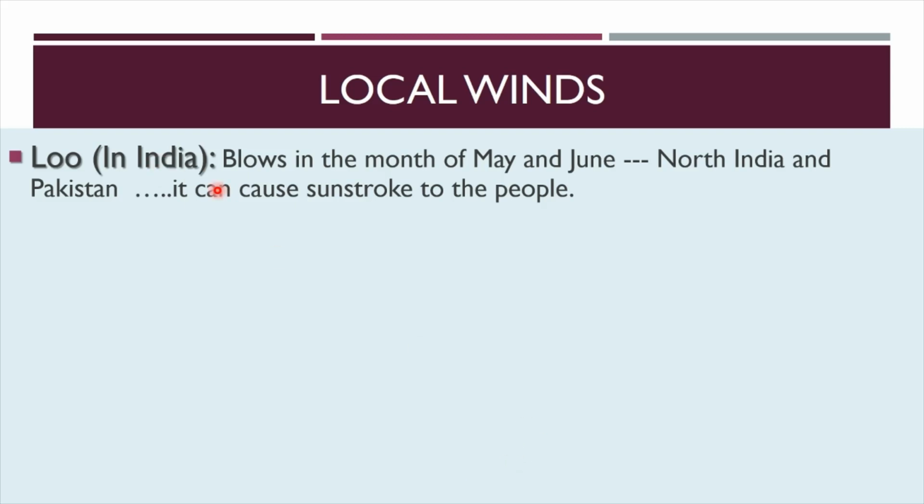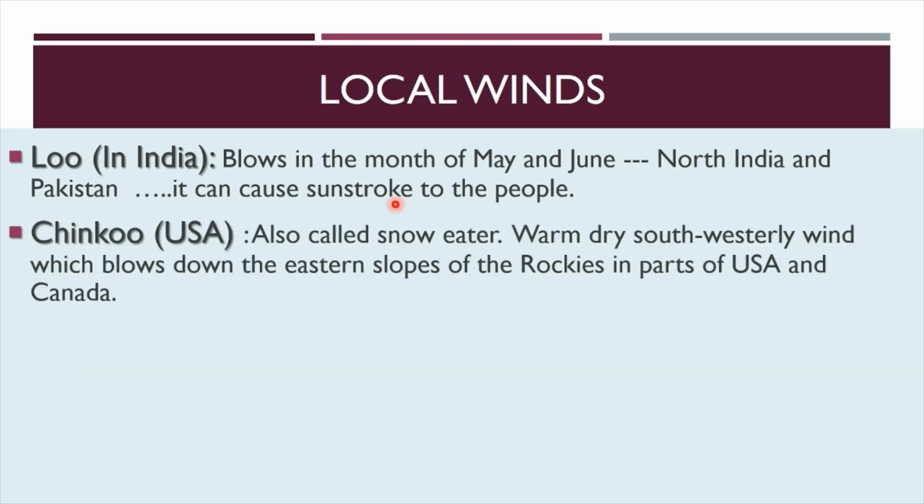It can cause sunstroke to people. Sunstroke, you know, sunburning. Sunburning occurs. It makes the summer very severe. Severe hot winds blow. So during this time, sunstroke can happen to people. So Loo, remember, in India.